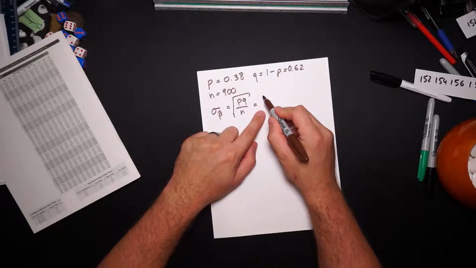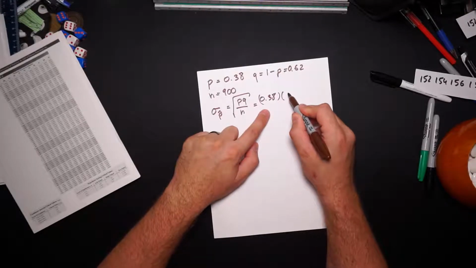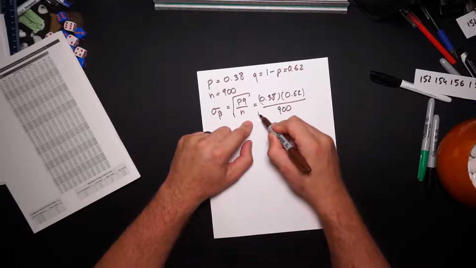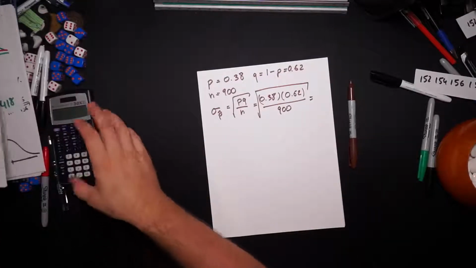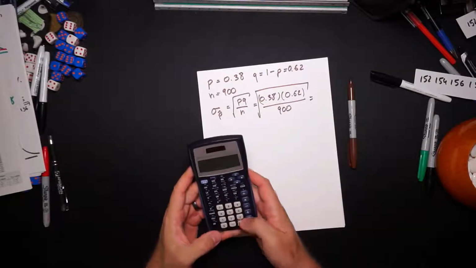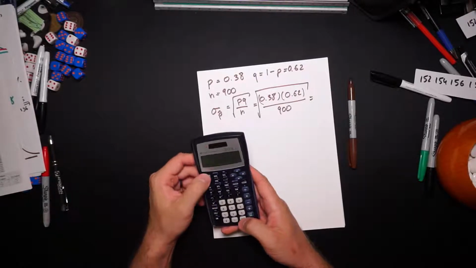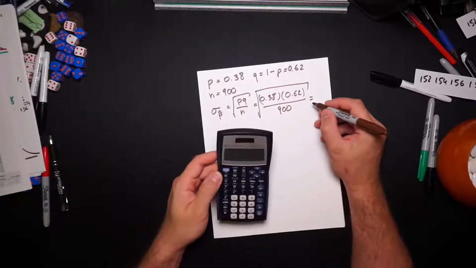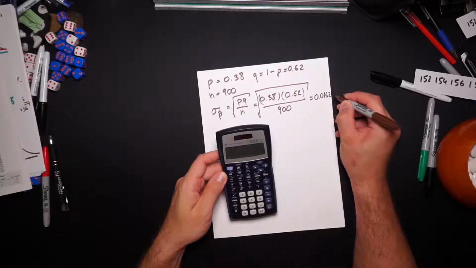Now what's pq divided by n? Well, 0.38 times 0.62 divided by 900, and all of it in the square root. That comes out to be, 0.38 times 0.62 divided by 900, and then square root of the whole thing. And I got 0.0162.